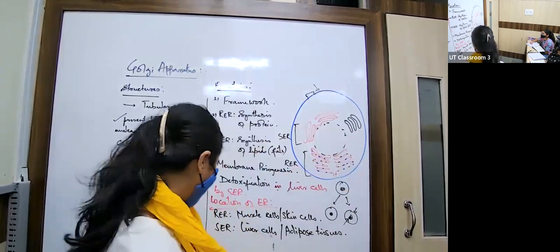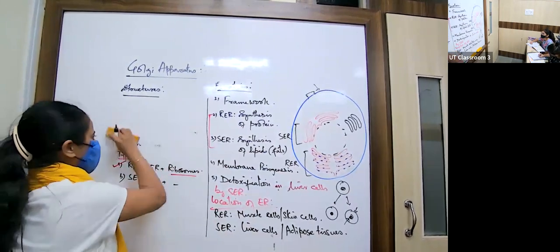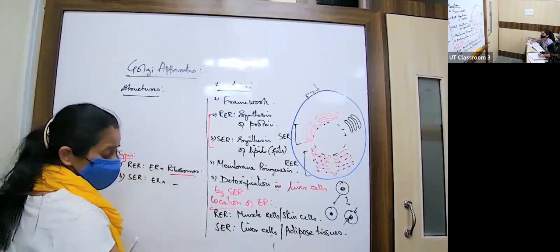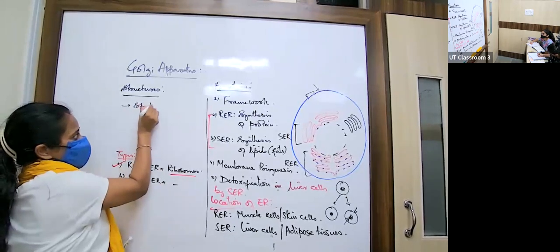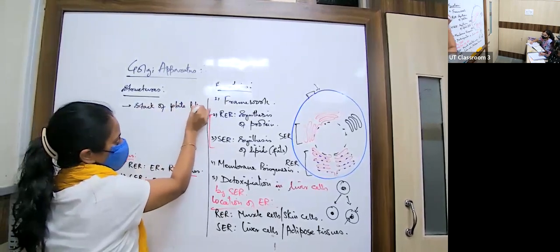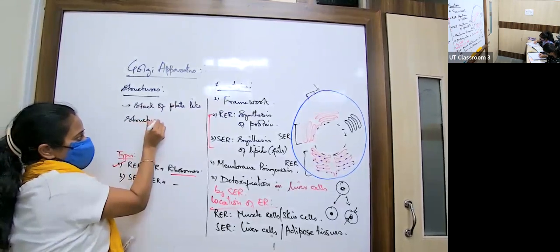Now, what about the structural aspect of the Golgi? What should we describe about the structure? It is a stack of plate-like structures.